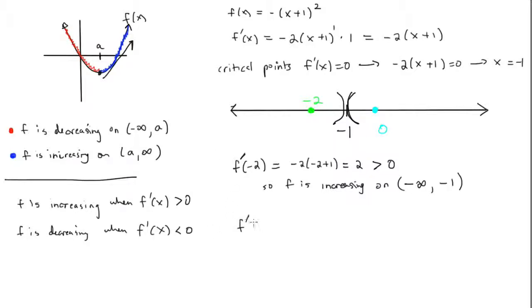So we say f prime of 0 is negative 2 times (0 plus 1), and that's negative 2. This is clearly negative. And so f is decreasing on this interval, which starts at negative 1 and continues all the way to the right to infinity.